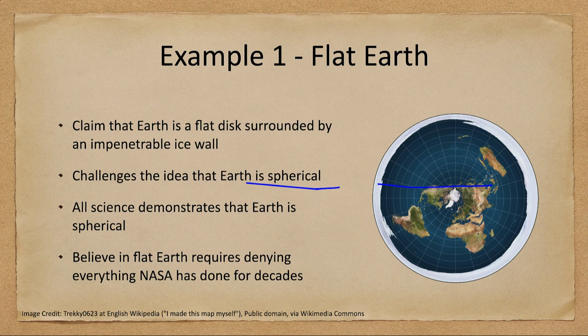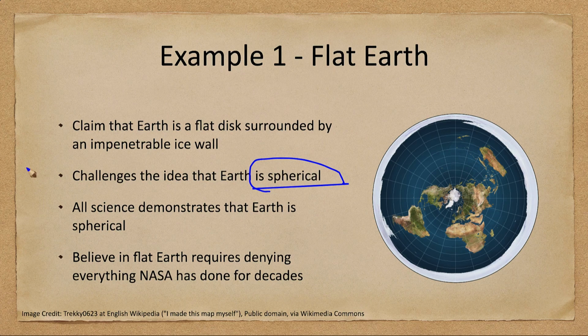Let's look at our first example, the flat Earth. Science and the consensus is that Earth is spherical, and we have a great amount of evidence for that, from travel off of Earth to actually looking at the Earth from space.